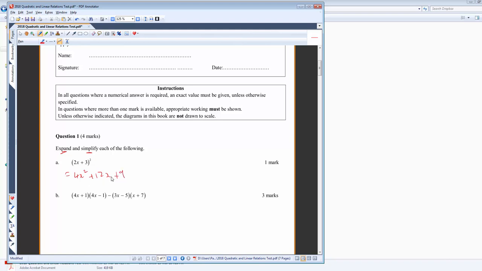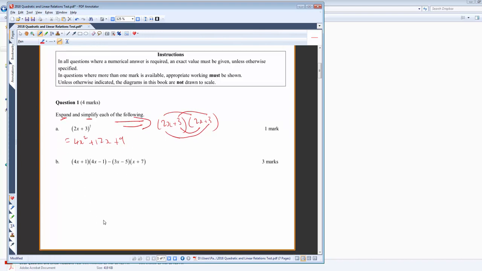So it's 4x squared plus 12x plus 9. But remember, a way to always do this one if you're unsure of the rule is just to go (2x + 3)(2x + 3), and then expand by multiplying the front and that one there and that one there. So you can just expand that in the normal way.